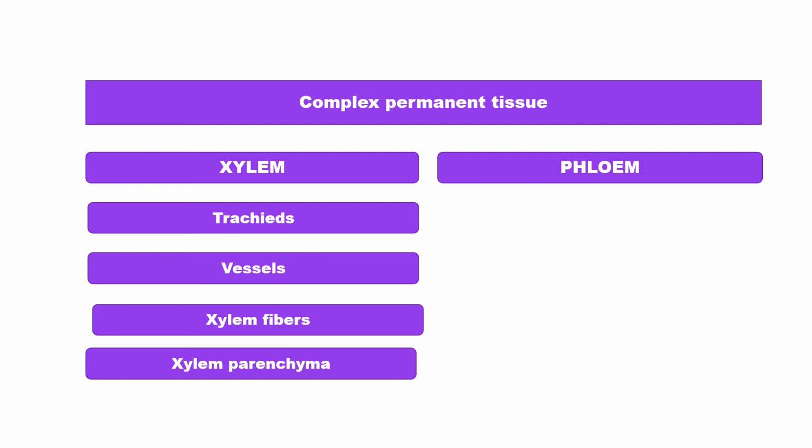Tracheids, vessels and xylem fiber are all dead, whereas xylem parenchyma is the only living component of xylem. Tracheids are unicellular, long, narrow and highly deposited with lignin. They have bordered pits. The water conduction happens through the pits.